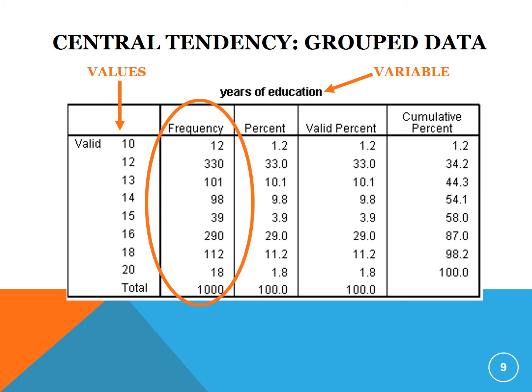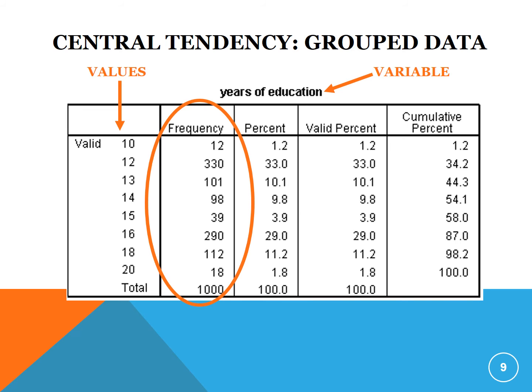So how many people said that they are college graduates? Well, 12th grade is a high school graduate, and we add 4 years, possibly 16, right, would be a college graduate. So 290 people in this survey graduated from college. 18 people graduated with a master's degree of some sort.